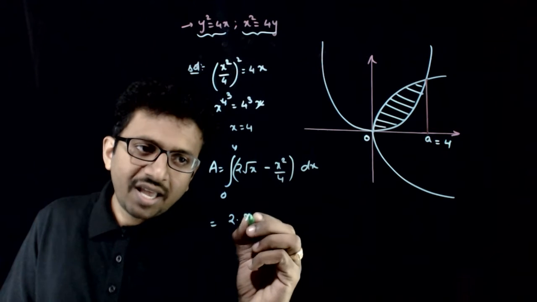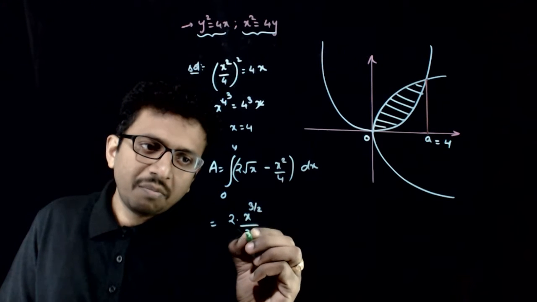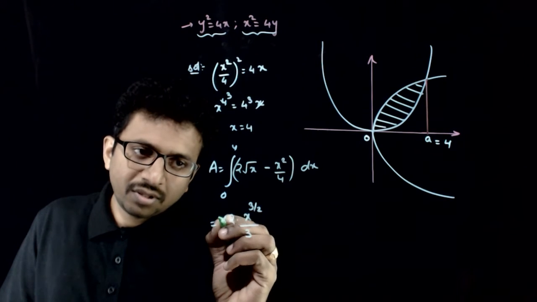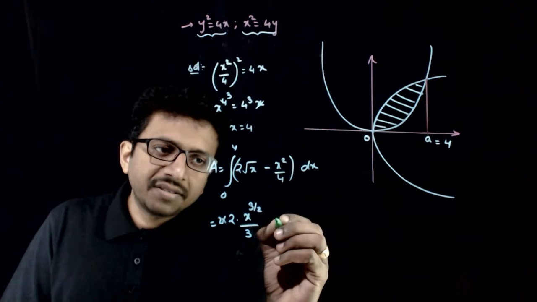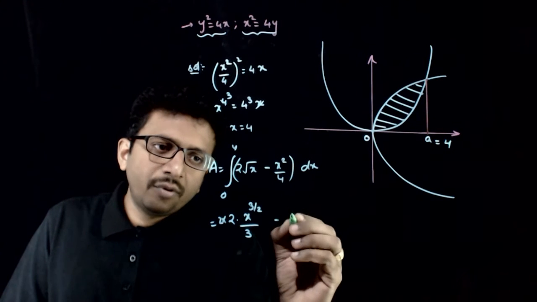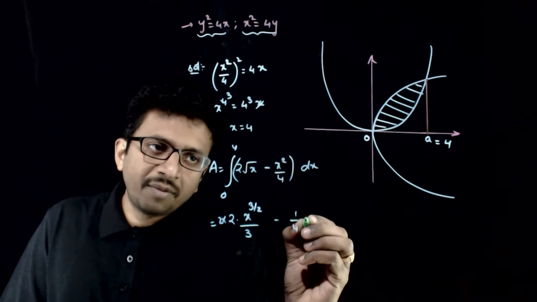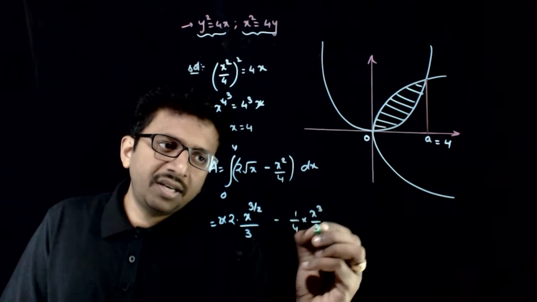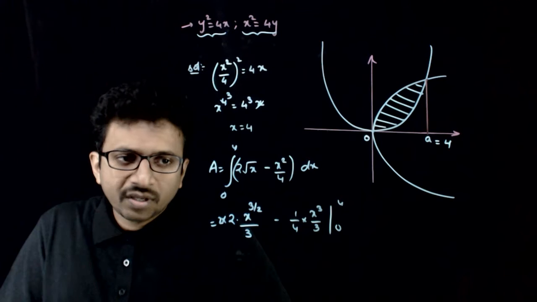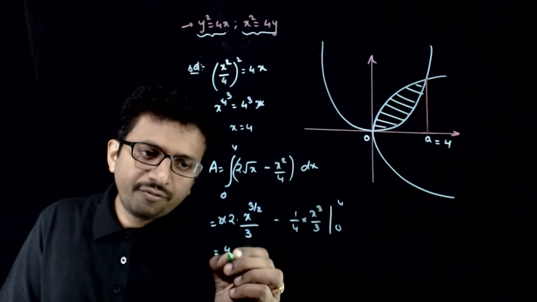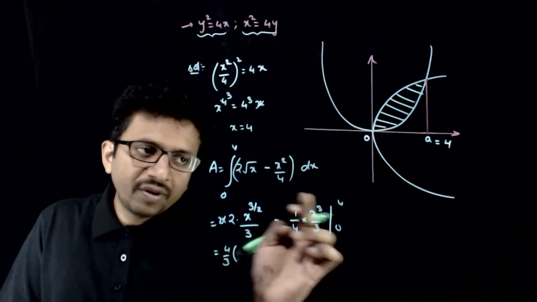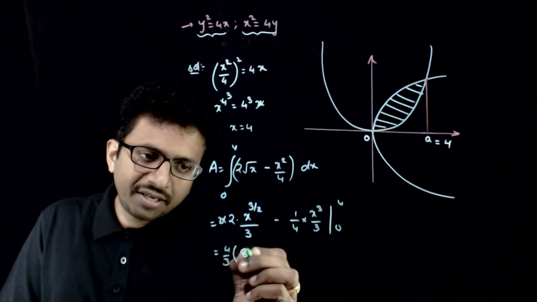The integration is x power 3 by 2 by 3 by 2, minus x square by 4, the integration is 1 by 4 times x cube by 3, from 0 to 4. So the first is equal to 4 by 3 times x power 3 by 2. 4 power 3 by 2 is 8.